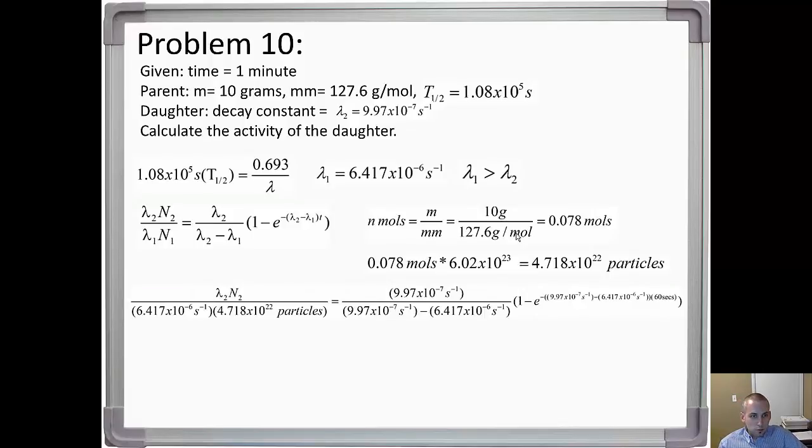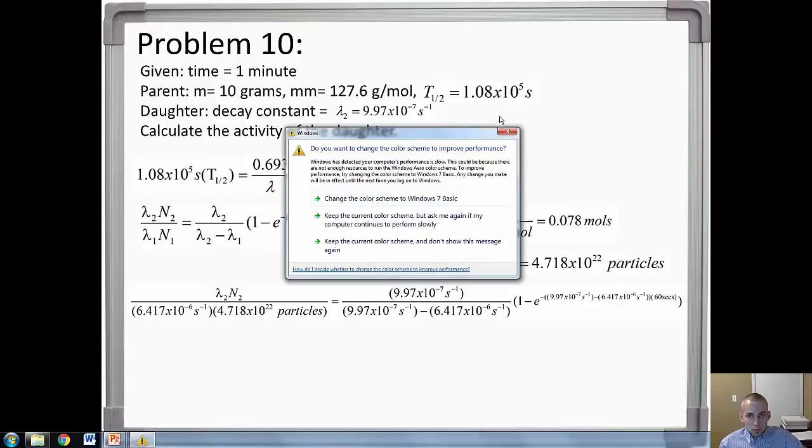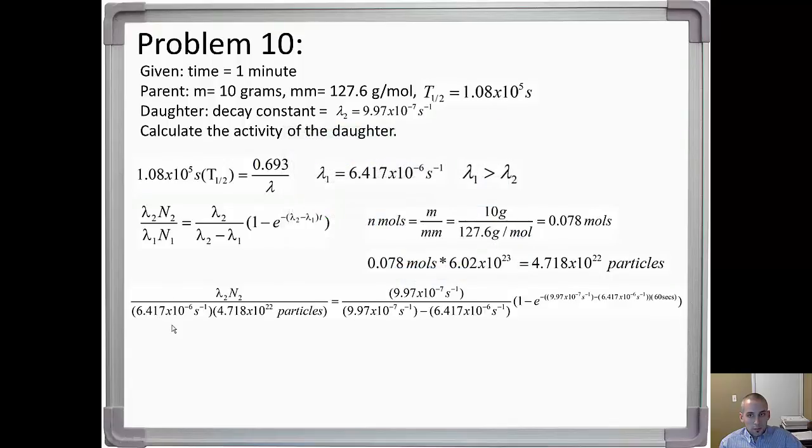Okay, so now we have everything we need. We can sub in all the values in this formula and then solve it for the activity of the daughter. So let's do that. This is the decay constant of the parent. This is the number of particles.